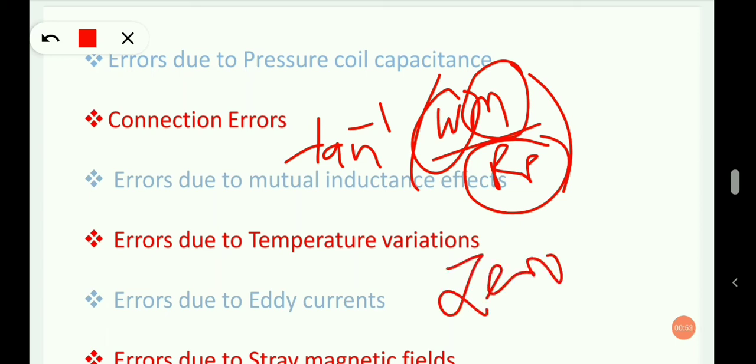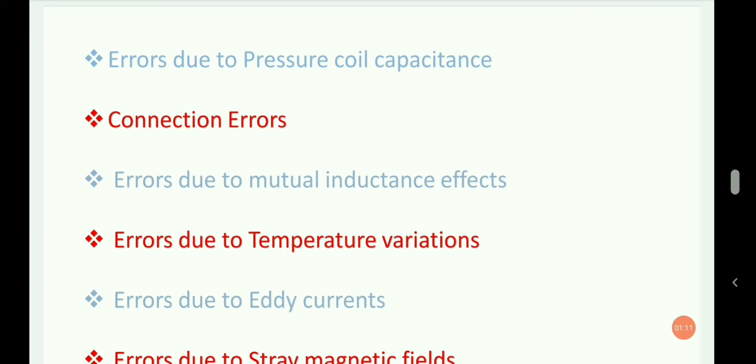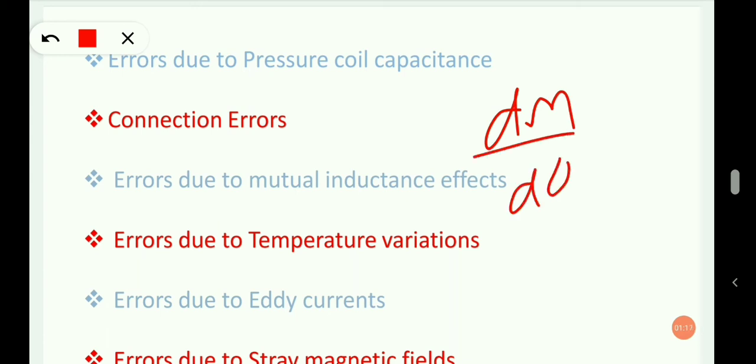Here, zero mutual inductance, that is M equals 0, implies that dM by d theta is maximum. Hence, for any value of current, such instruments provide the maximum torque. An example of such an instrument is the astatic torsion head wattmeter.